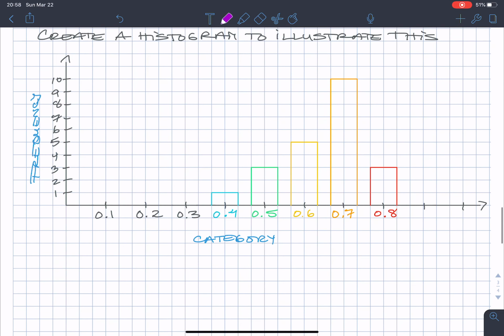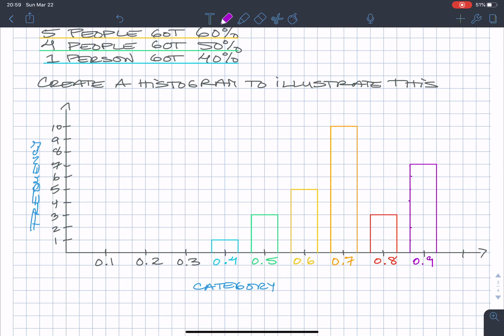That's 7 people. Interesting. So I go all the way up to 7. I believe that's 7. 1, 2, 3, 4, 5, 6, 7. Yep. Okay, so there is a histogram, because the categorical data is numeric. So hopefully that makes sense, and I'll see you in the next section.